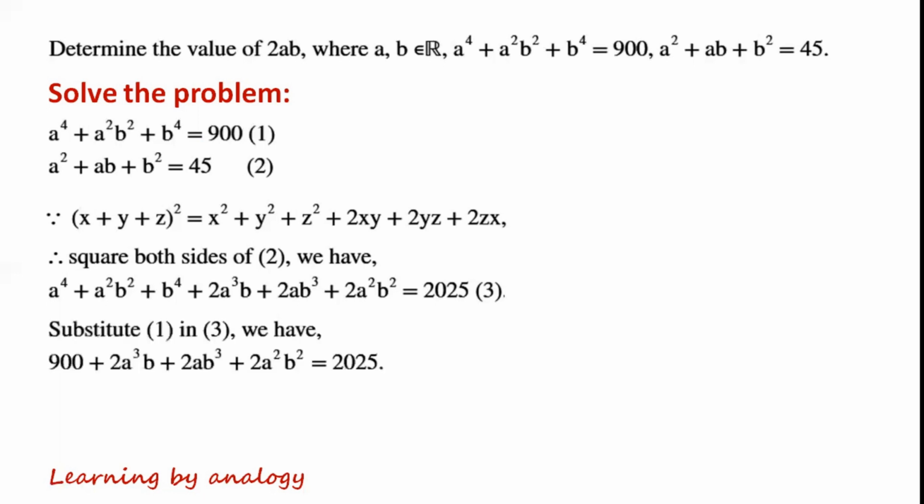2025. Now substitute equation 1 in equation 3. We then have 900 plus 2a cubed b plus 2ab cubed plus 2a squared b squared equals 2025.